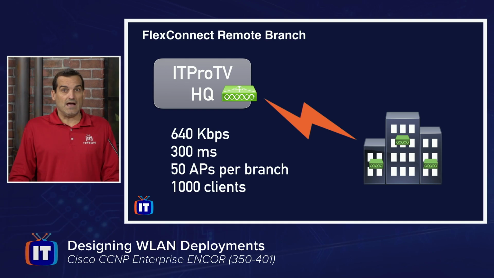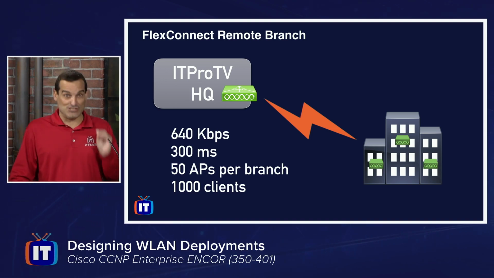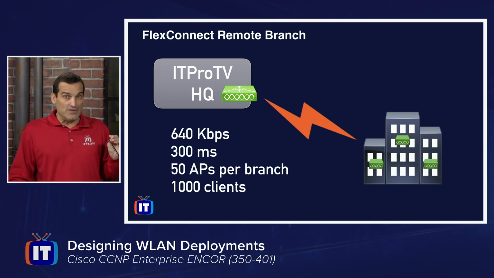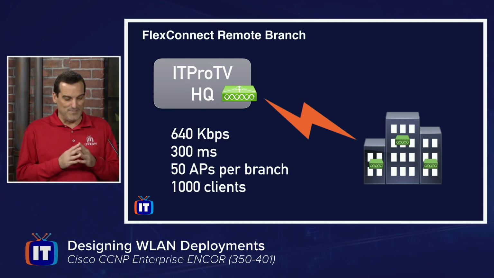Look at the example I gave. This is out of the Cisco official documentation. This is what we could do. We have a 640K WAN circuit. That's darn slow by many of our WAN circuit standards today. But even with this slow circuit, notice that we would have a round trip sustainable latency of 300 milliseconds.